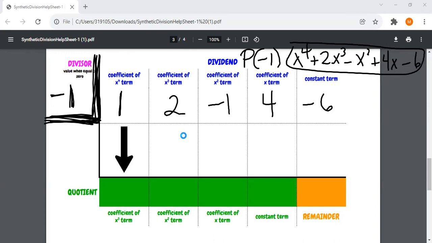In this case, I can start all the way to the left. So I bring down my 1. 1 times -1 is -1.